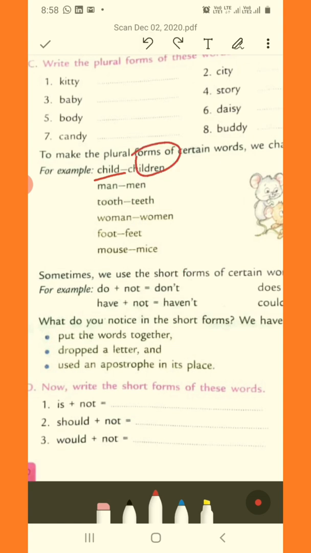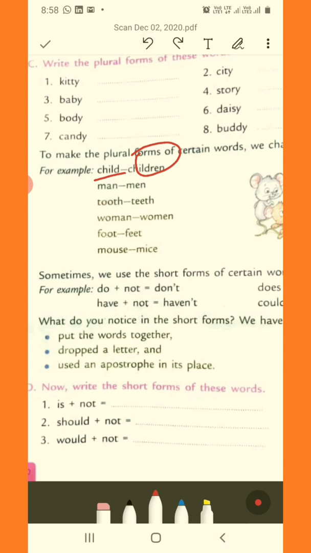Man, M-A-N, plural is M-E-N, men. Tooth, teeth. Clear? Tooth means one tooth. Teeth means more than one. Woman, W-O-M-A-N, is just one woman, one lady. If it is W-O-M-E-N, women, it's more than one. Then mouse, a single mouse, M-O-U-S-E. Mice means more than one mouse. Okay, that's it. Very simple.